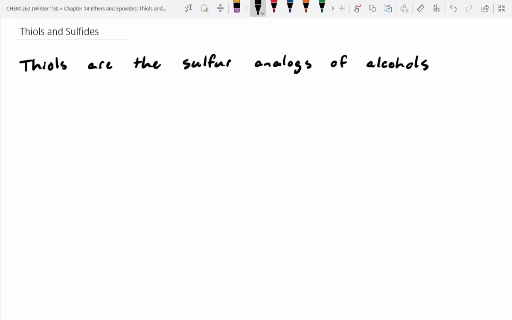Why do you think they behave so similarly? Yeah, they're in the same column, right? We know with periodic trends, if you're in the same column, you have similar reactivity. Therefore, thiols behave somewhat in the same manner as alcohols. The difference is two things. One is they stink to high heaven. Two is sulfur is massive compared to oxygen, and we saw last term that that means it's a really good nucleophile. All right, so let's take a look at naming.